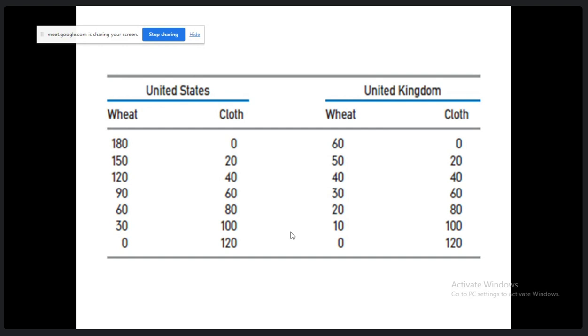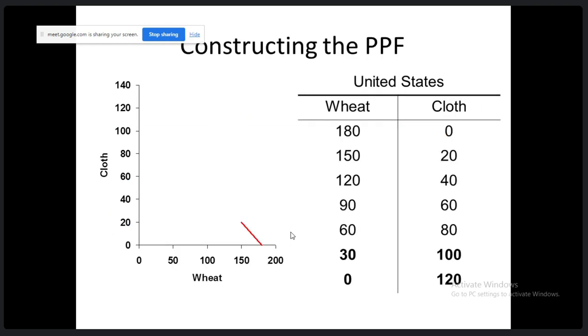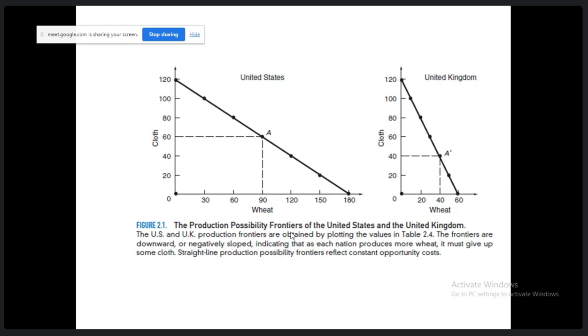Let me know once you are done. Could everyone draw this? Yes, ma'am. Okay.